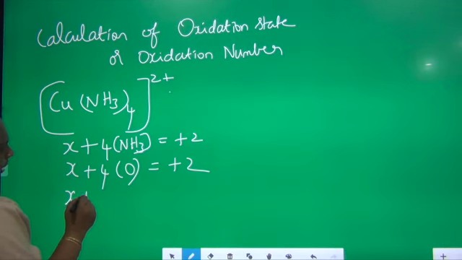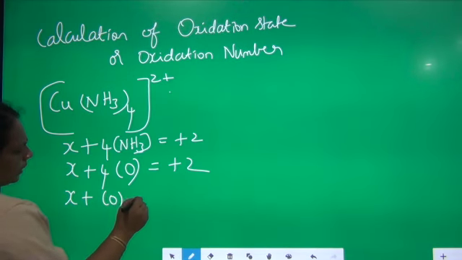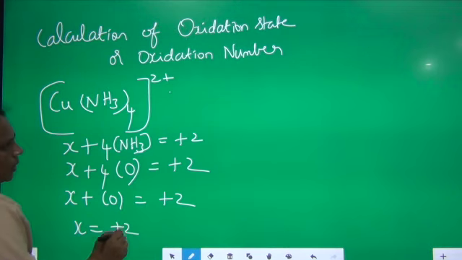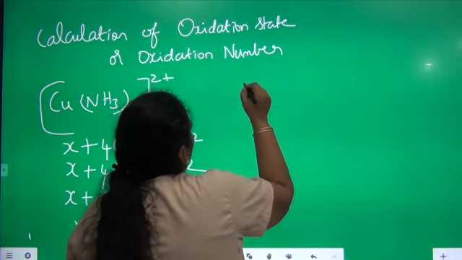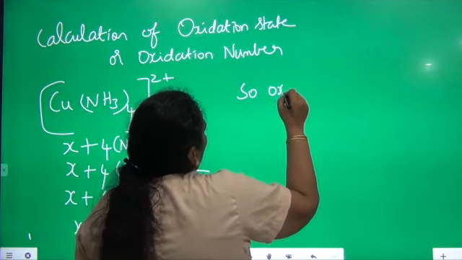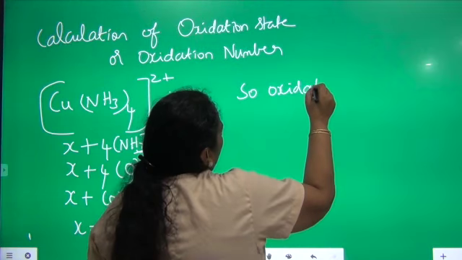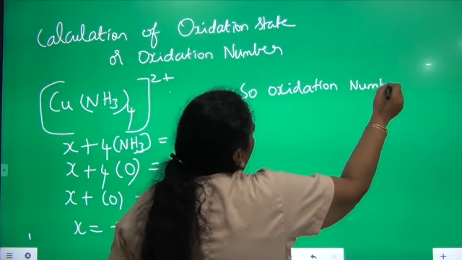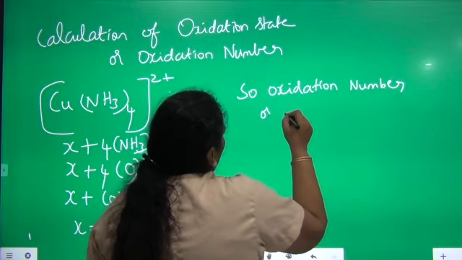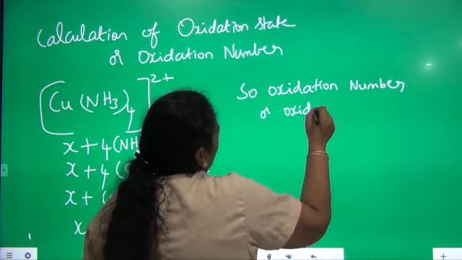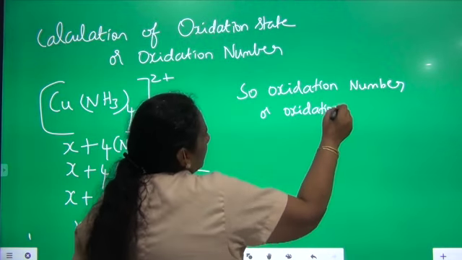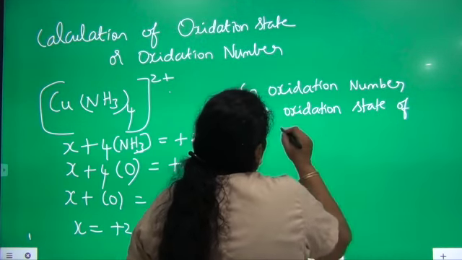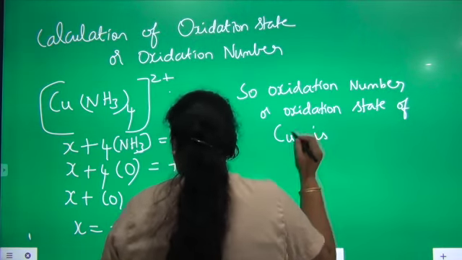So X plus 4 into 0, ammonia being a neutral ligand, is equal to plus 2. Therefore X is equal to plus 2. So the oxidation number or oxidation state of copper is plus 2.